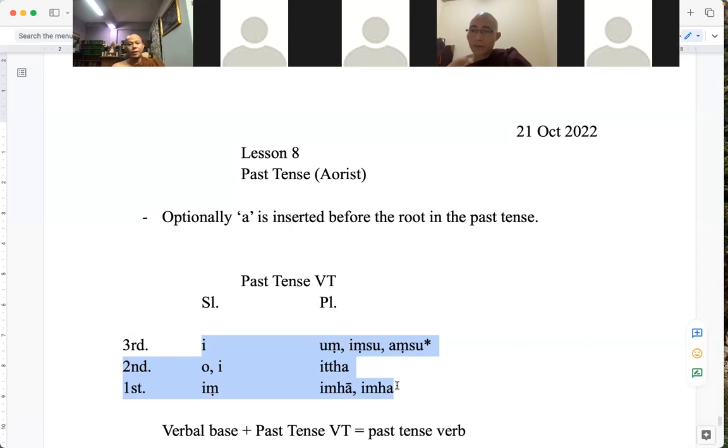And for the objective, iya, iyo, iasi, isi, iata, ita, iami, emi, iama, ema, right?